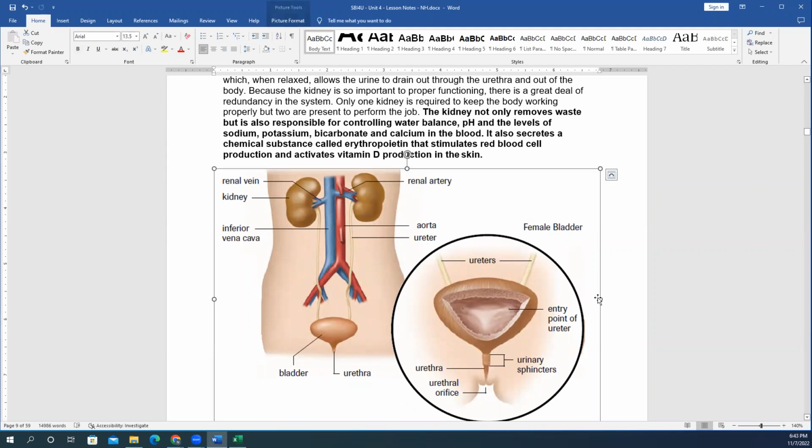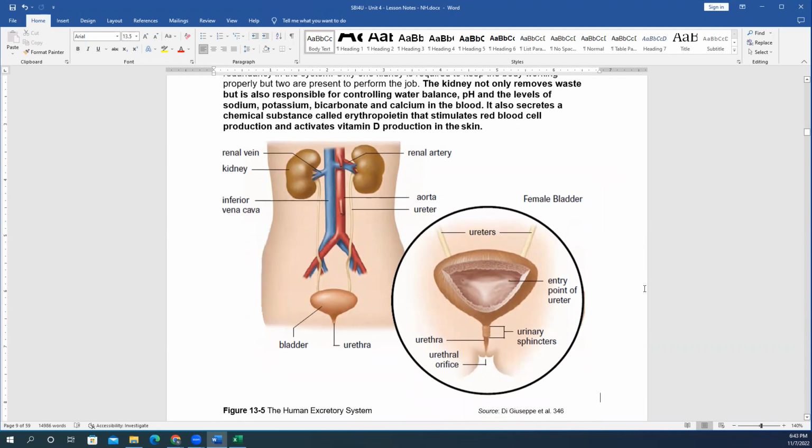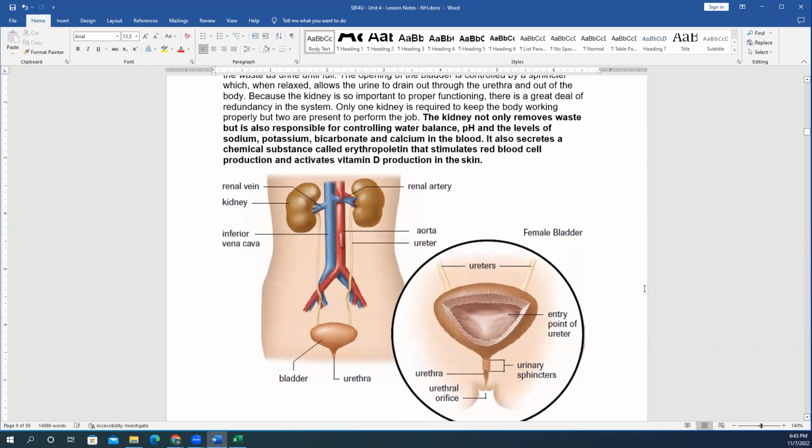Because the kidneys are so important in filtering out this toxic waste, there's a great deal of redundancy built into this. That's why we have not just one, but two kidneys, to make sure they get the job done.